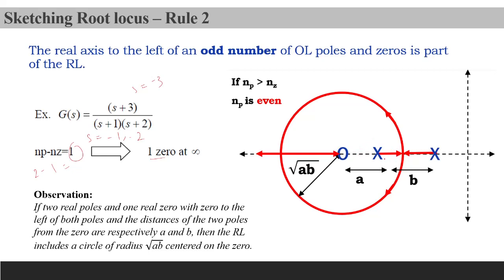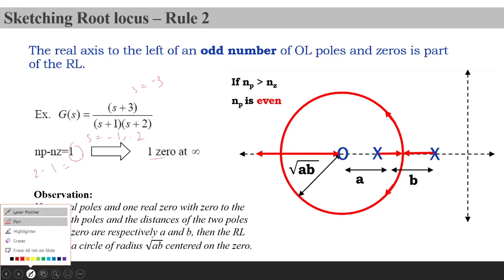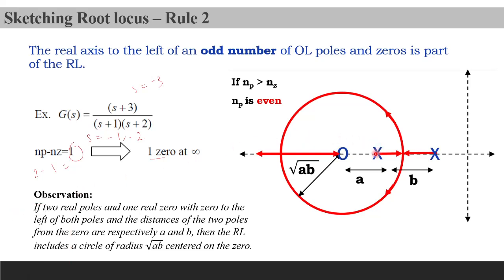So that's not the case. So maybe you can say, okay, we can directly connect this pole with, let me show with the laser, this pole, let's connect this pole with this zero.